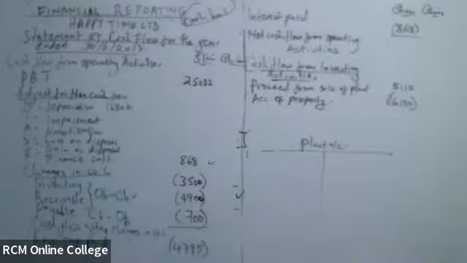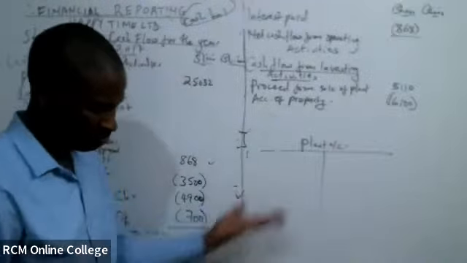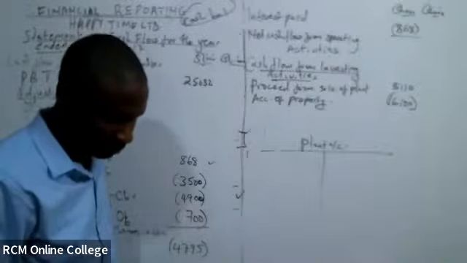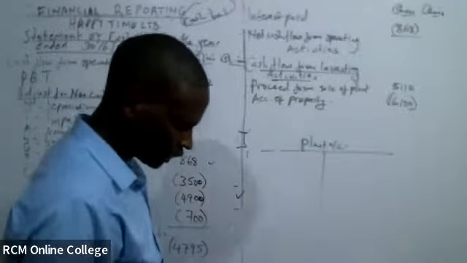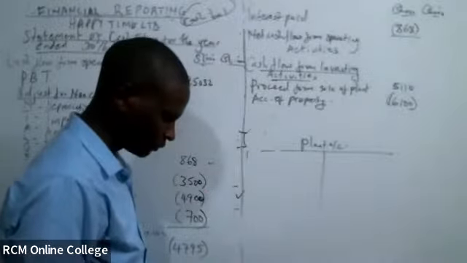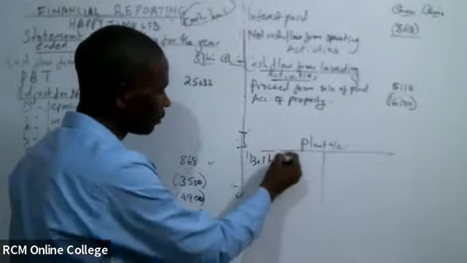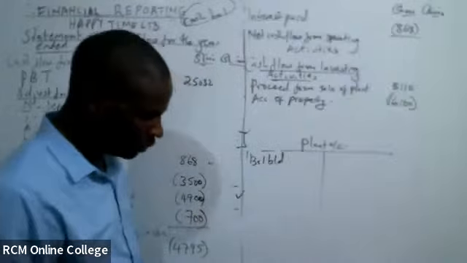We can use cost, but I will also show you how we use the other one, which is the net book value. So what is the balance brought down? How much? The balance brought down from our question.